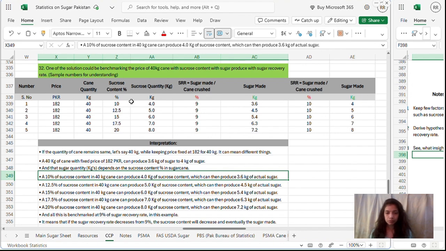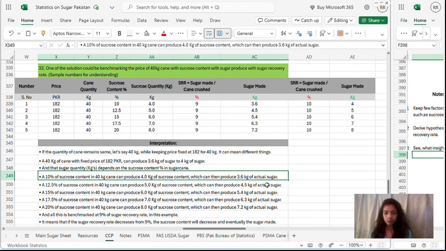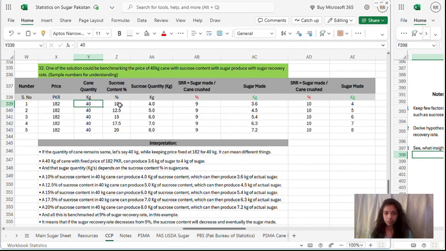Here, 10% sucrose content with 40 kg of cane can produce 3.6 kg of actual sugar. So 40 kg cane, 10% sucrose content has 4 kg of sucrose quantity, which is going to produce 3.6 kg of actual sugar.